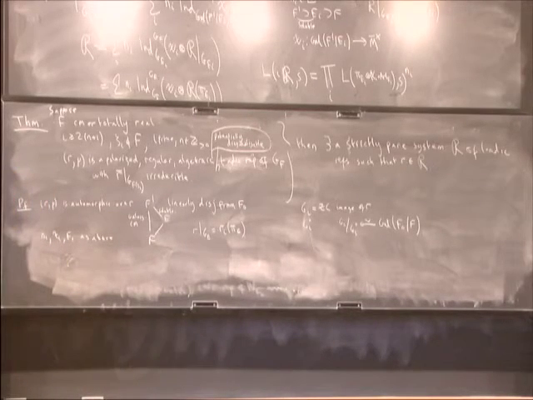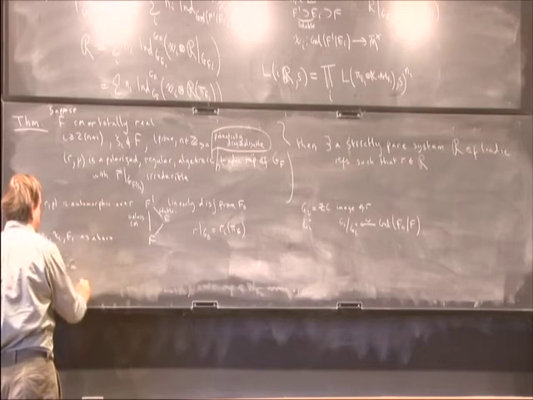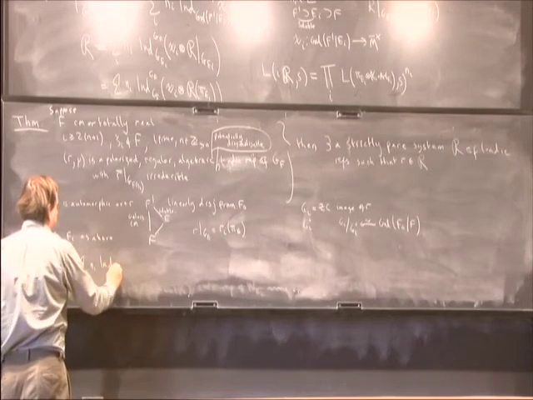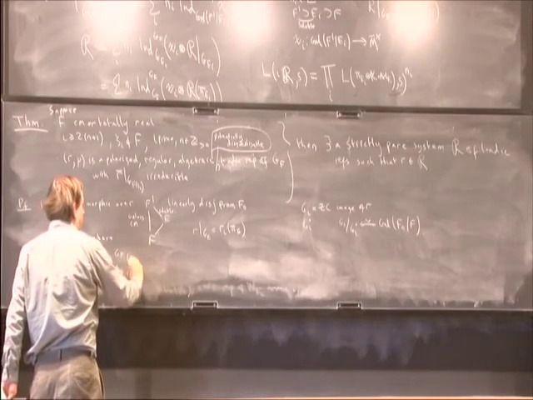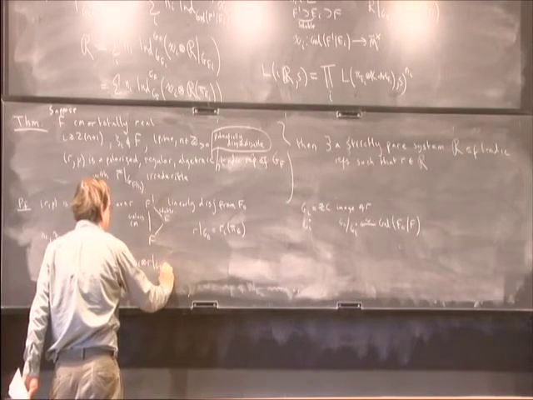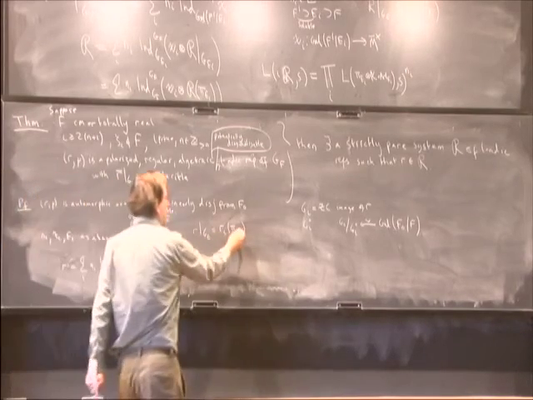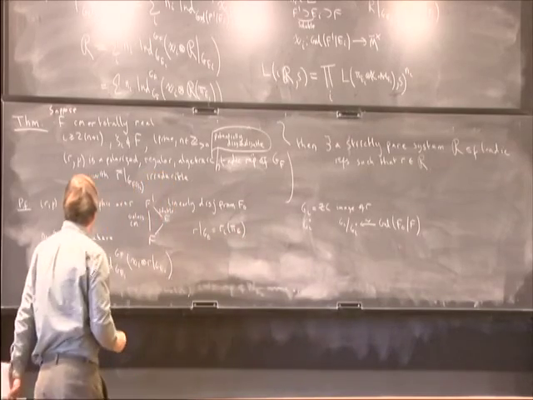We know that R as a virtual representation is the sum over i of N_i times the induction from G_{E_i} to G_F of chi_i tensor R restricted to G_{E_i}. And that's a part of this thing associated to pi_{E_i}.